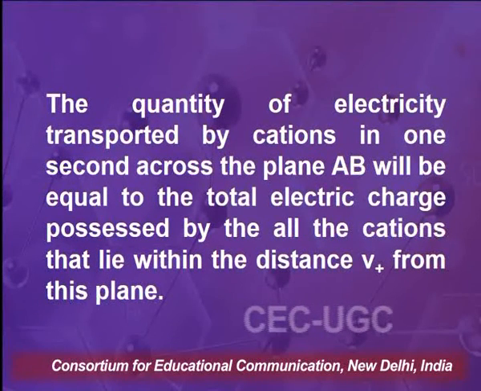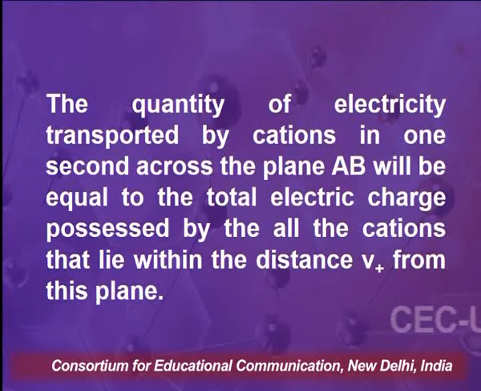The quantity of electricity transported by the cations in 1 second across the plane AB will be equal to the total electric charge possessed by all the cations that lie within the distance V plus from this plane.